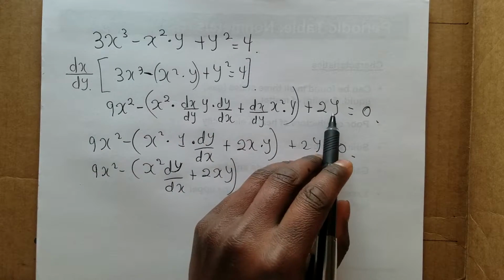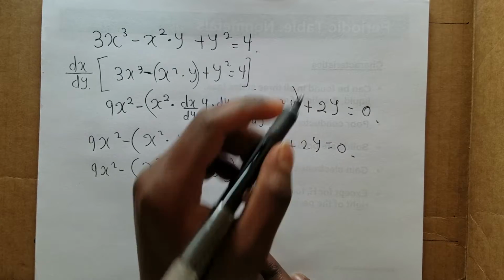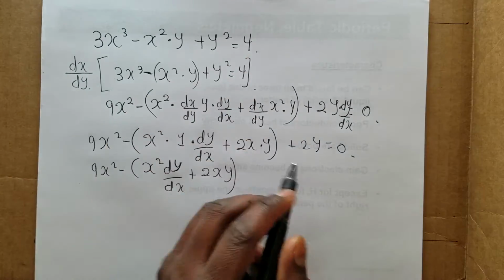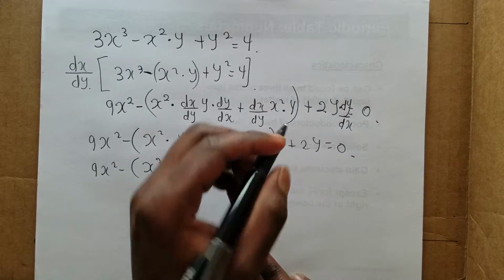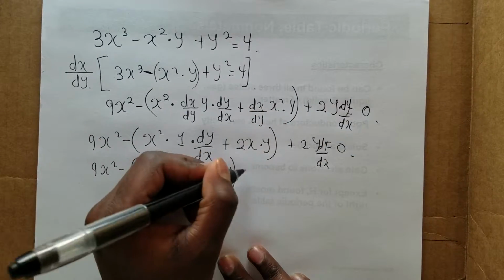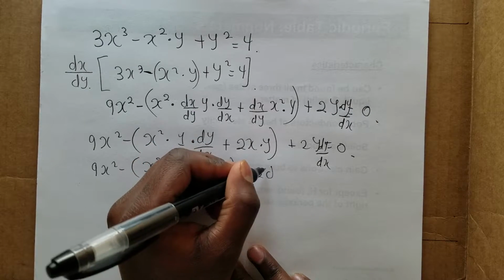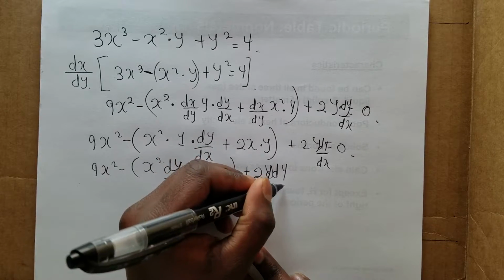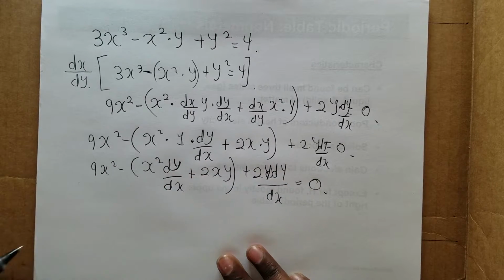When you find the derivative of y squared, you have to find the derivative of y here as well, so you have to multiply by dy/dx. So you get plus 2y dy/dx is equal to 0.